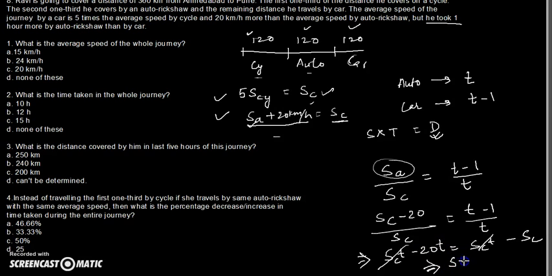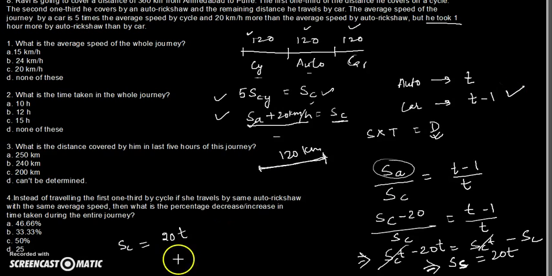We see that speed of the car is given as 20 into t. Now, if you think about the journey that Ravi covers, that 120 kilometer journey in the last stretch, which he covers by a car, what is the time taken? Time taken is t minus 1 hours, right?